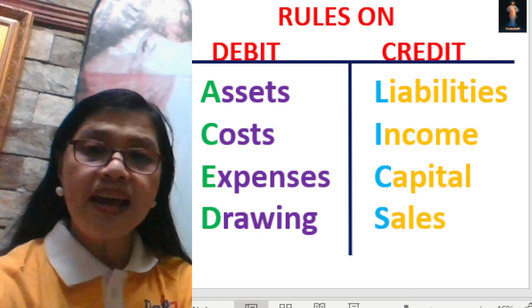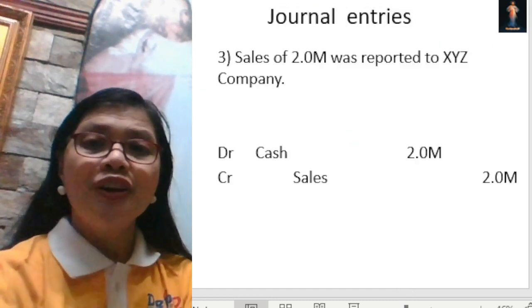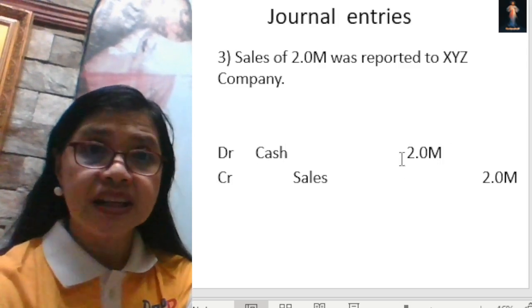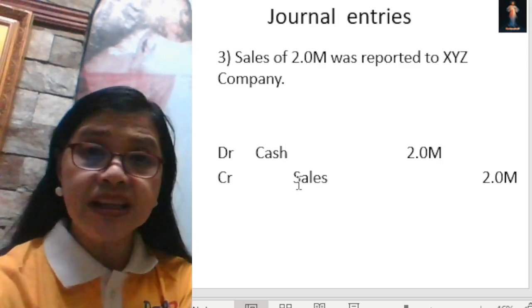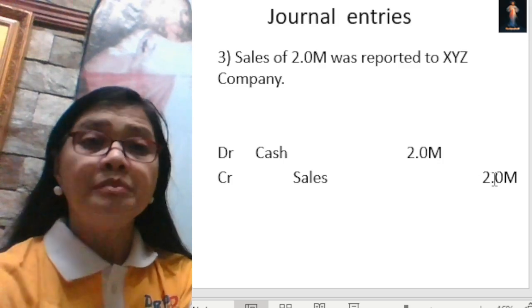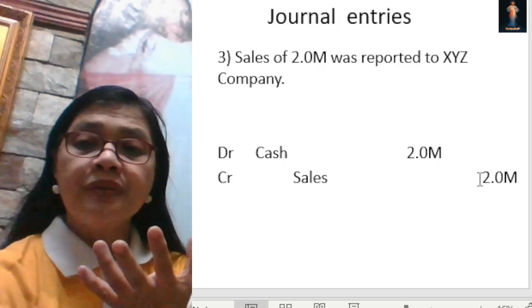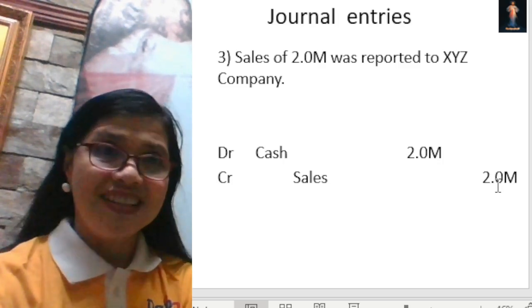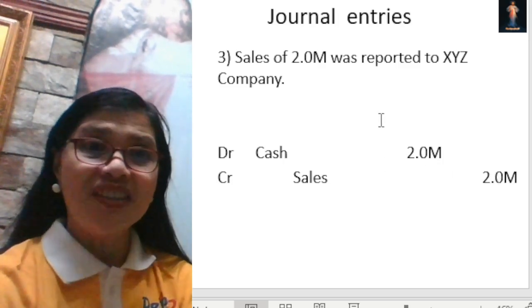So what do you do with the entry? Very good. You debit cash because you received 2 million in cash and you acknowledge your sales on the credit side because you recognize the sales with an amount of 2 million. Now you're getting it, correct?